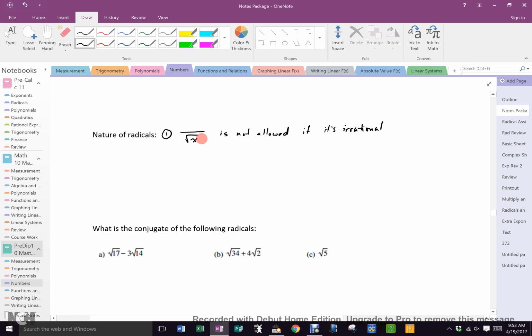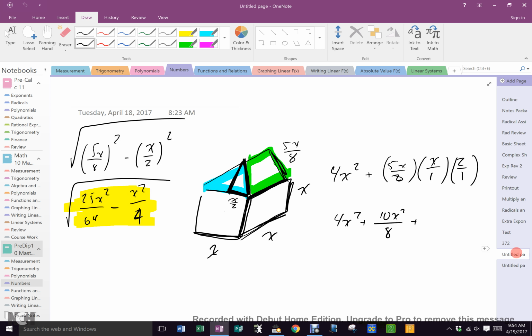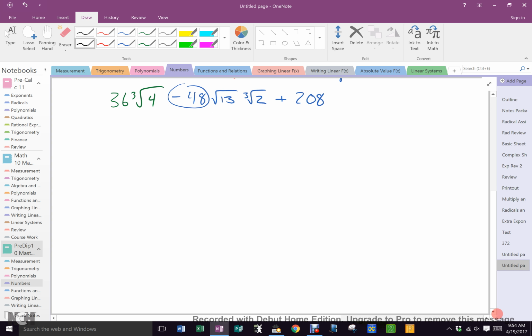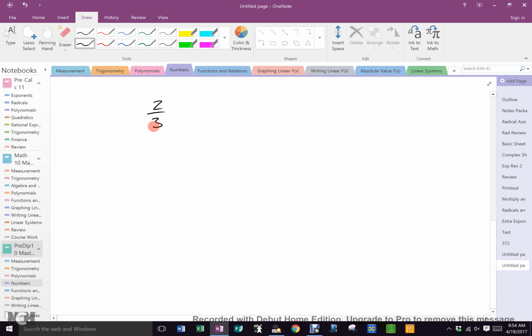How would we fix that? What are we allowed to do to every fraction that doesn't actually change the fraction? What can I do to this to change how it looks but not change its value?